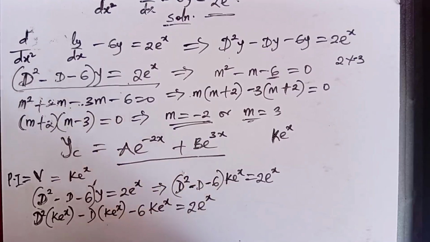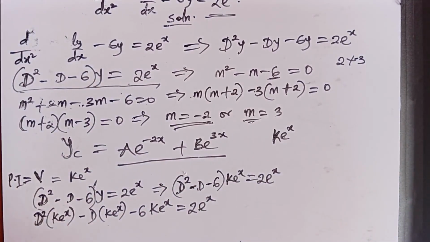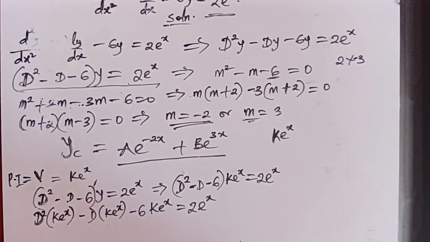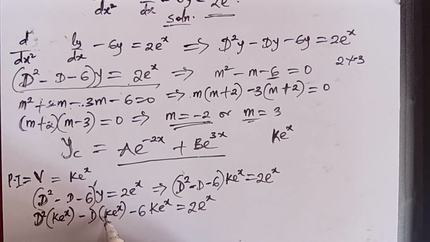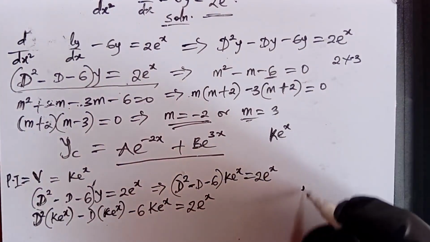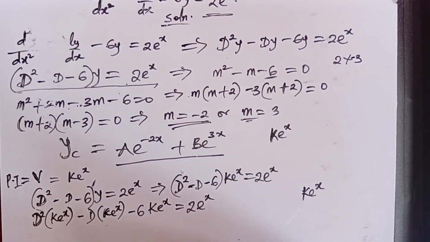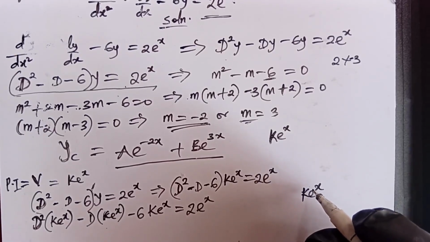This D squared means the second derivative. Now, what is even the first derivative? That's the question we should ask first. If I differentiate k e to the x, I'm still going to get k e to the x. k is a constant, and differentiating e to the power of x gives e to the power of x.